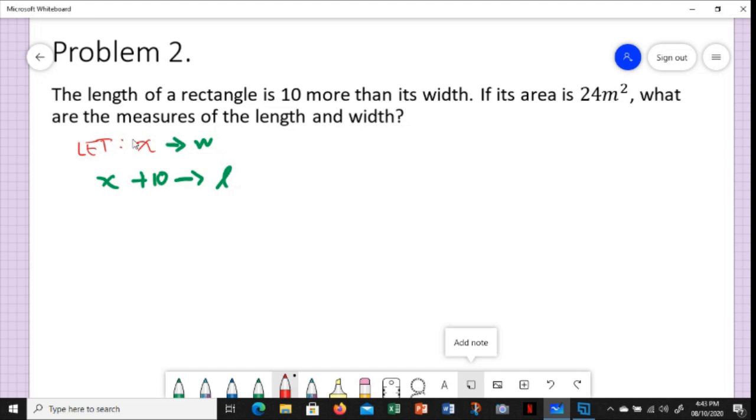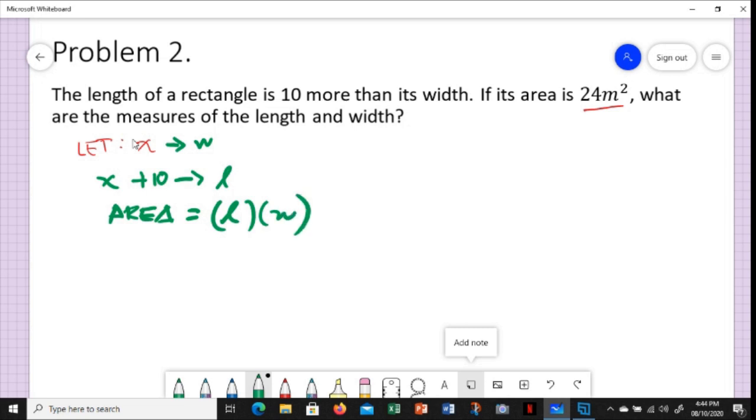Now, since we have the area of the rectangle, we can use this 24 meters squared. So how we're going to do that? Let us use the formula of the rectangle, its area. So the area is equal to length times width.